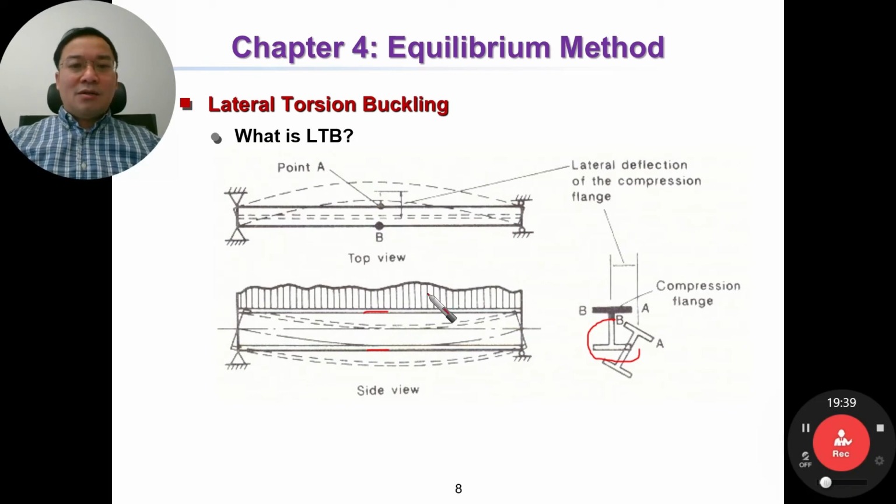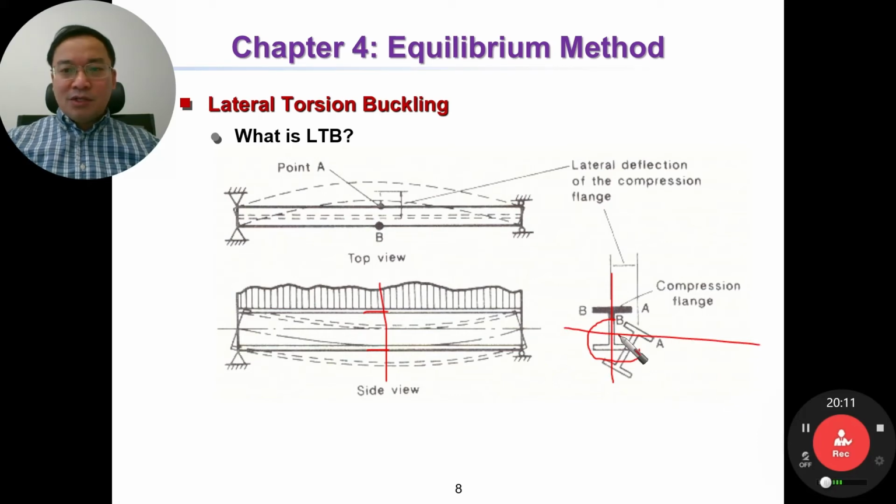So this is called lateral torsion buckling. The beam rotates. Here this section rotates. Not only vertical deflection but also horizontal deflection. The combination of the vertical and horizontal deflection is rotation.